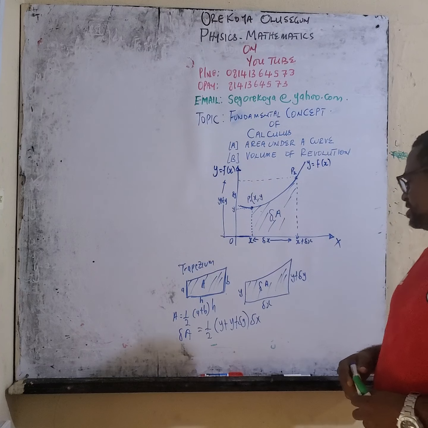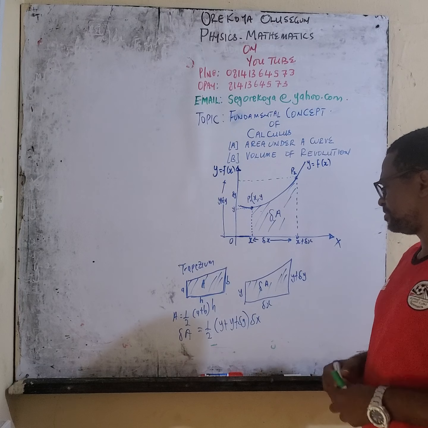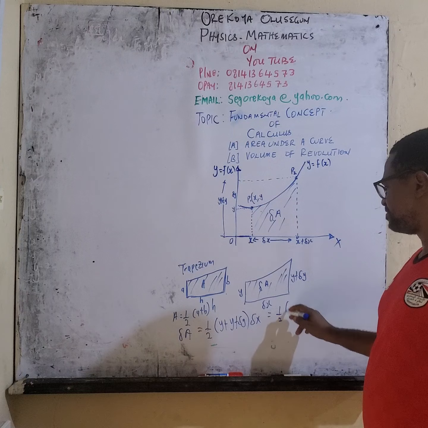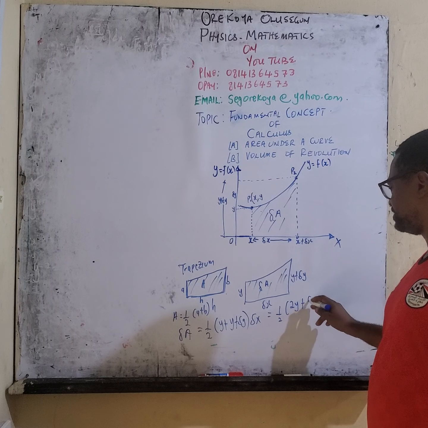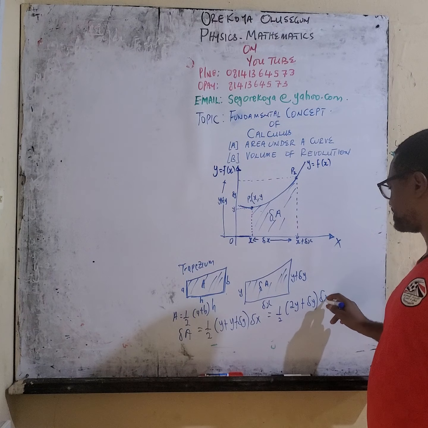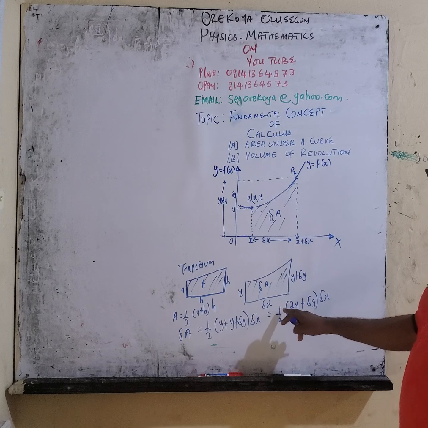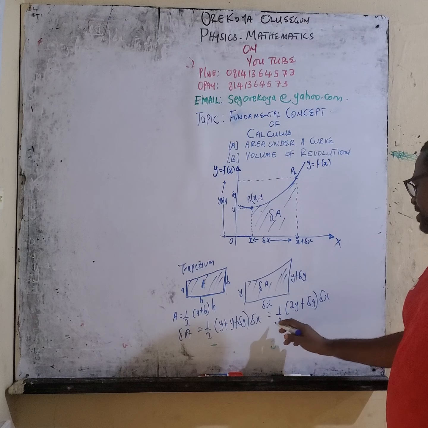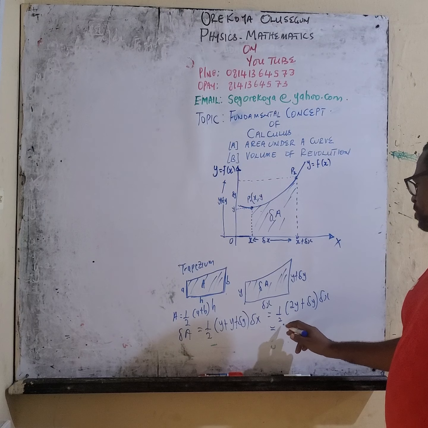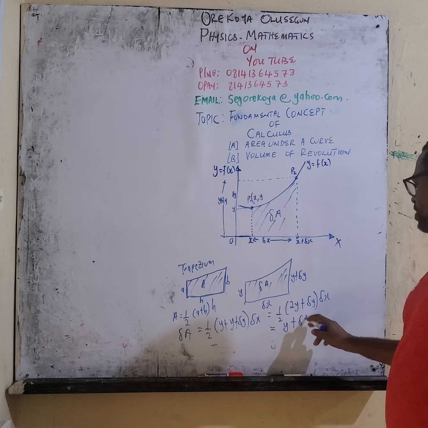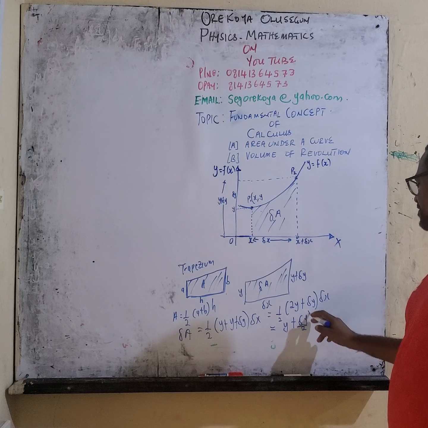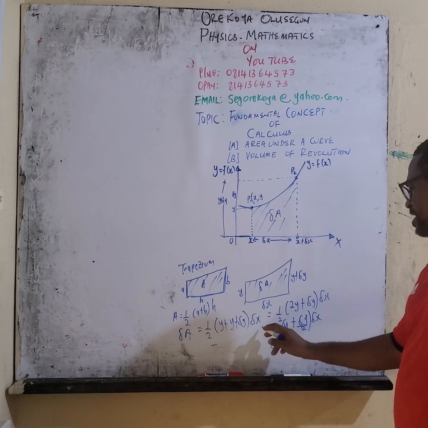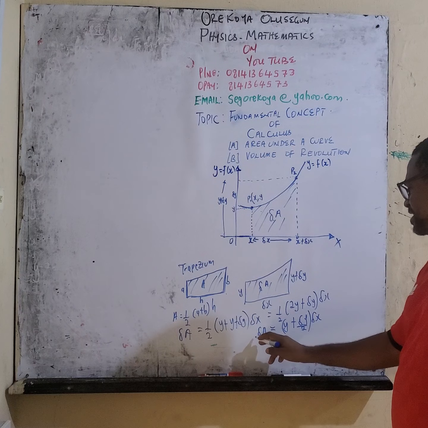Now, if you look at this particular expression that I have here, we can simplify it as 1 over 2 times (2y plus delta y) times delta x. If you use this half to multiply this bracket, the 2 will cancel the 2 here. So I'm going to have (y plus delta y divided by 2), everything times this delta x. So that will be the area, delta A, under this curve.